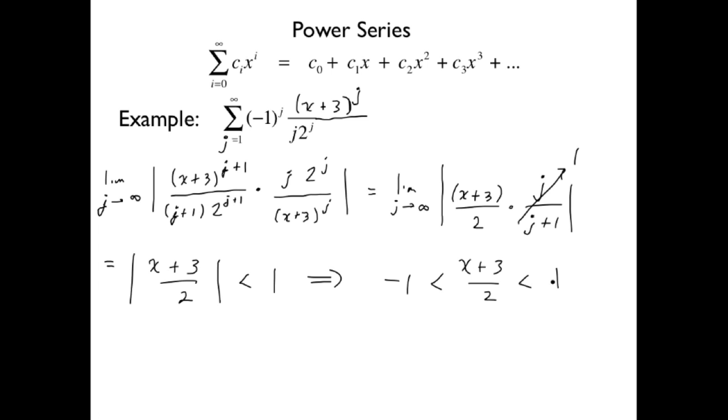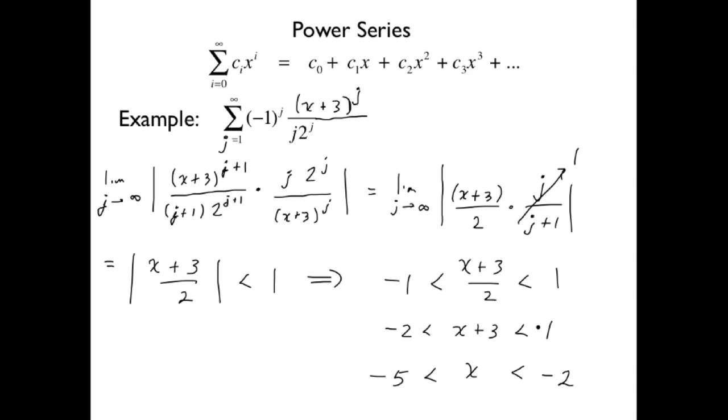It's like an equation, but you have 3 sides, right? So if you multiply by 2, you get negative 2 less than x plus 3 less than 1. Last step, subtract 3, you get negative 5 to negative 2.